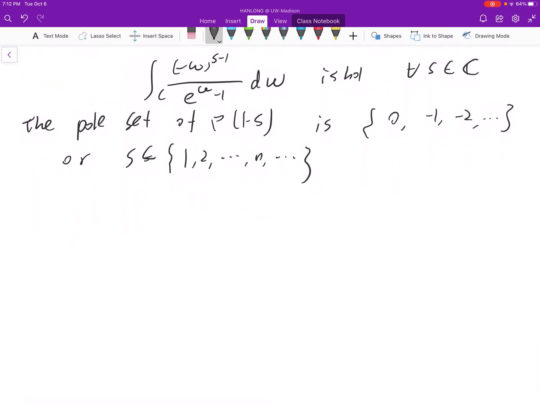And also gamma 1 minus s has simple poles only.